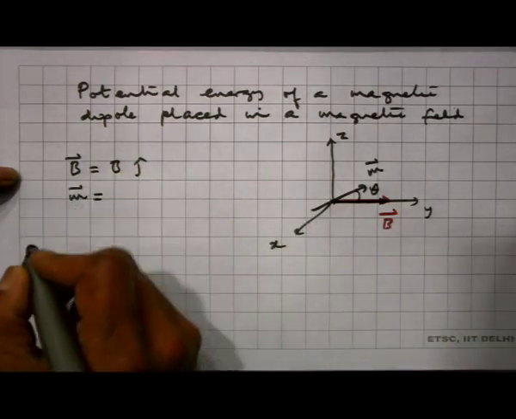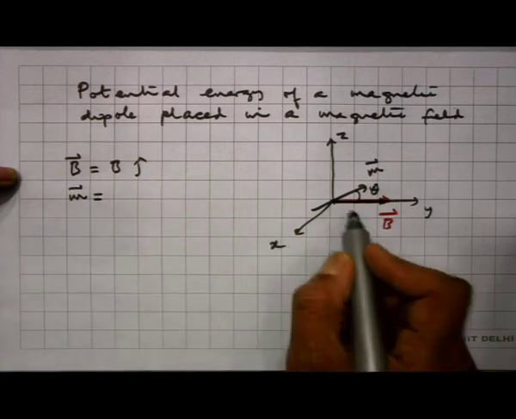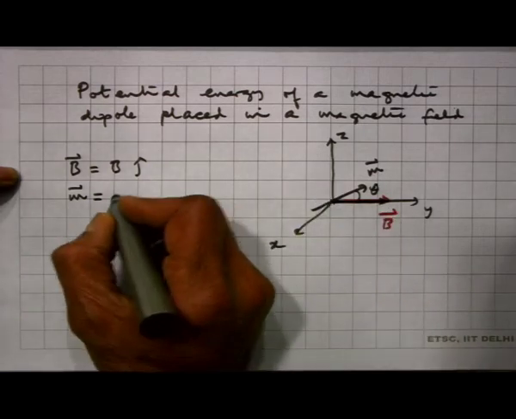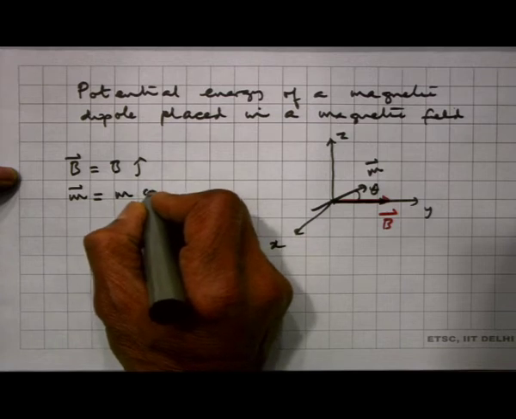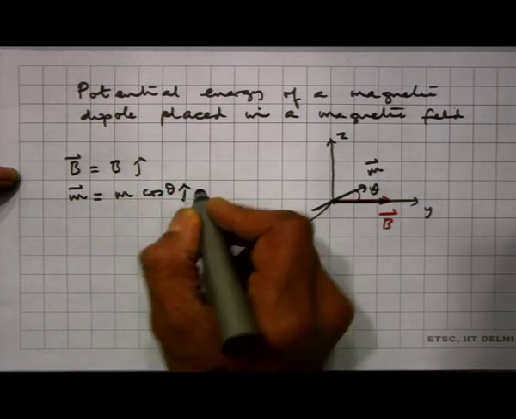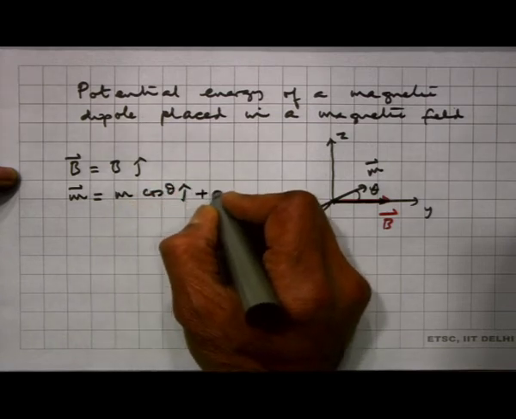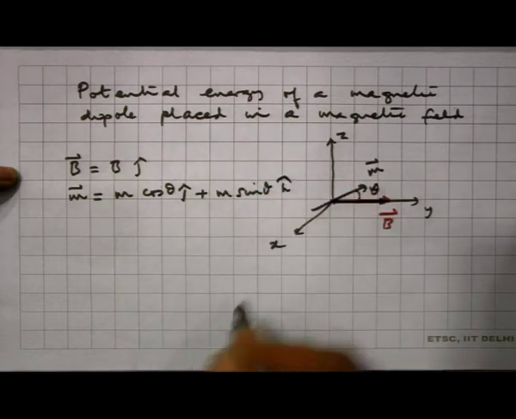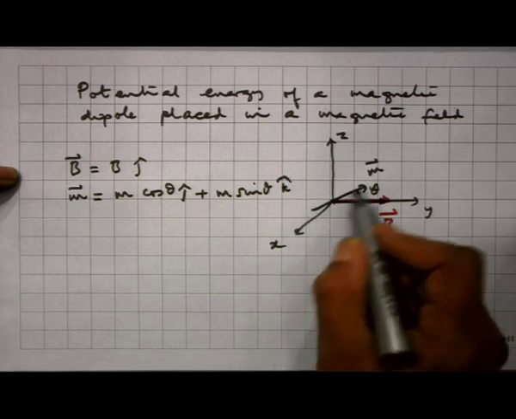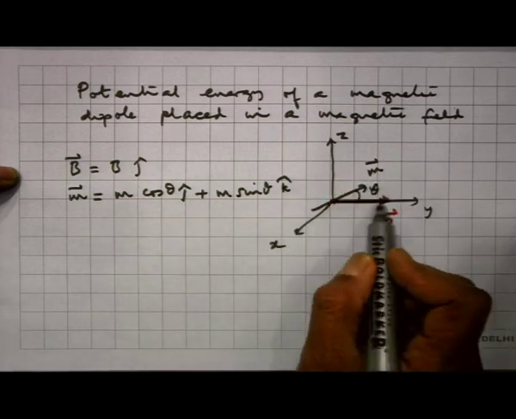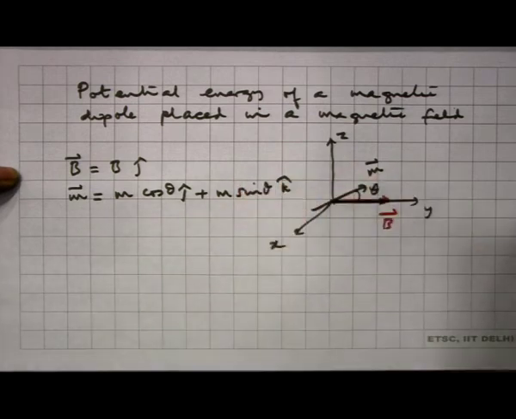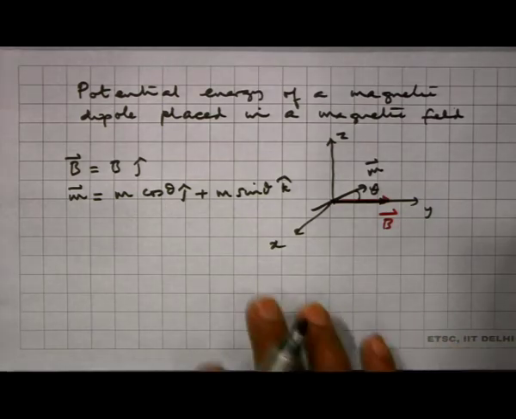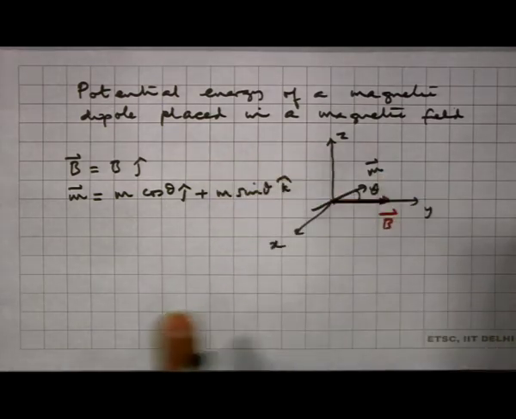The dipole moment has a y component and a z component. So, this is m cos theta j cap plus m sin theta k cap. This magnetic dipole has a component along the y direction. I am assuming that the magnetic dipole is in the yz plane and the direction of the magnetic field is along y.